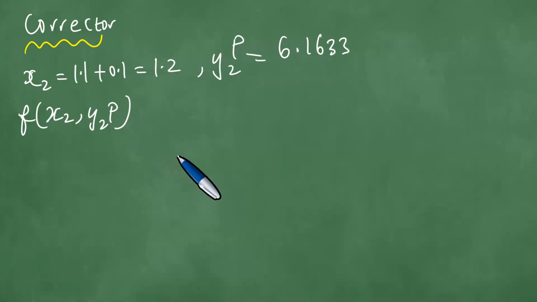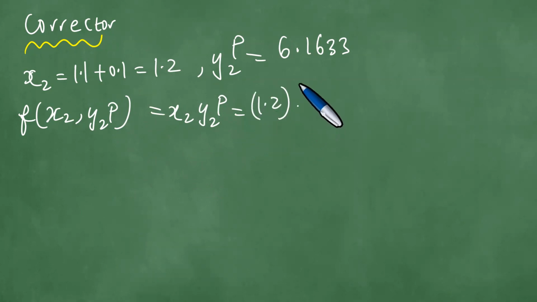This says multiply them, so you have x2 times y2p. x2 is 1.2, y2p is 6.1633. What is the answer?